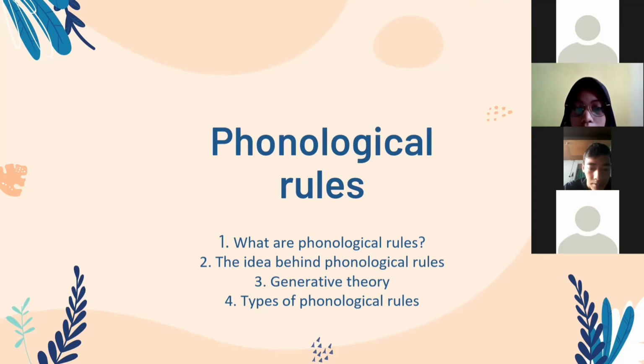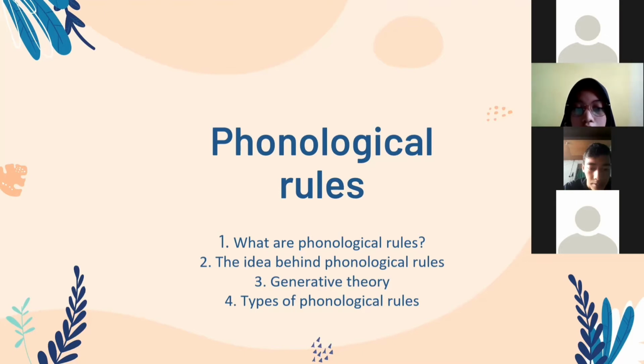These abstract entries are underlying representations and serve as input for the phonological rules. The underlying form then undergoes a derivational process which is defined by the phonological rule. The output of the process is the phonetic representation of the pronunciation.